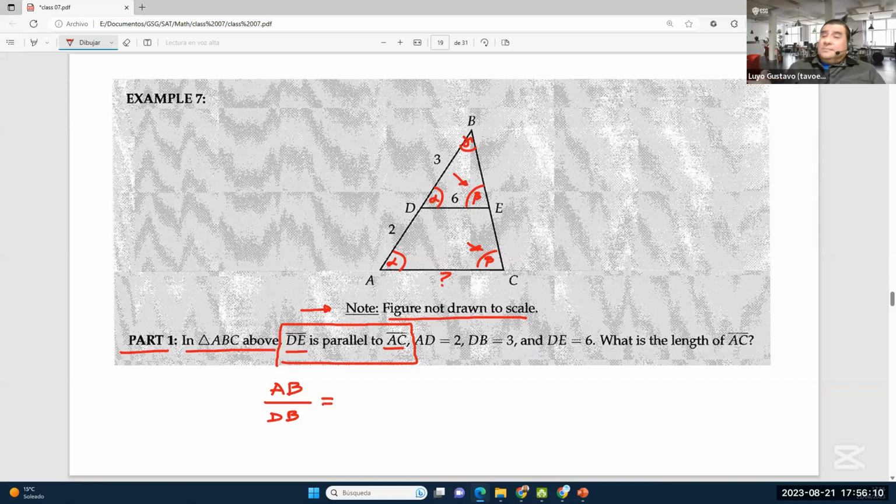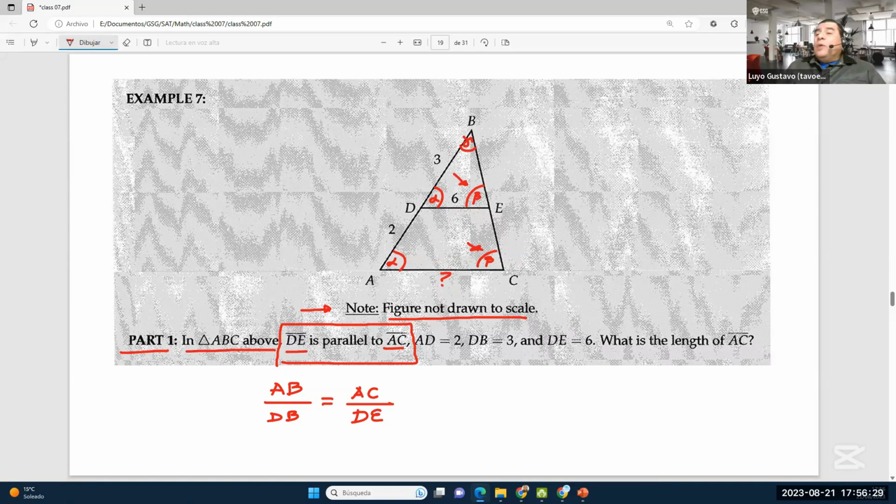This ratio must be the same as AC divided by DE, the two corresponding sides opposite to angle gamma.